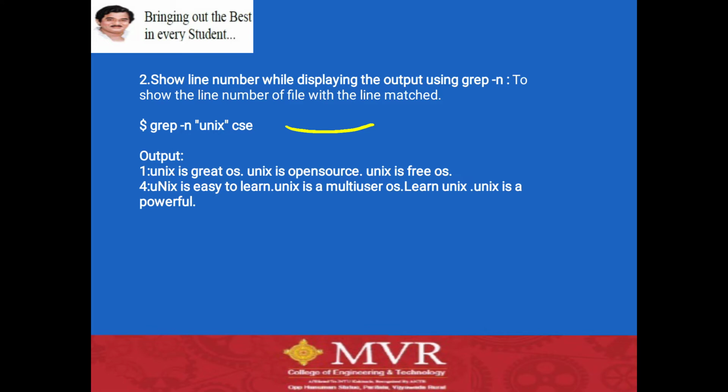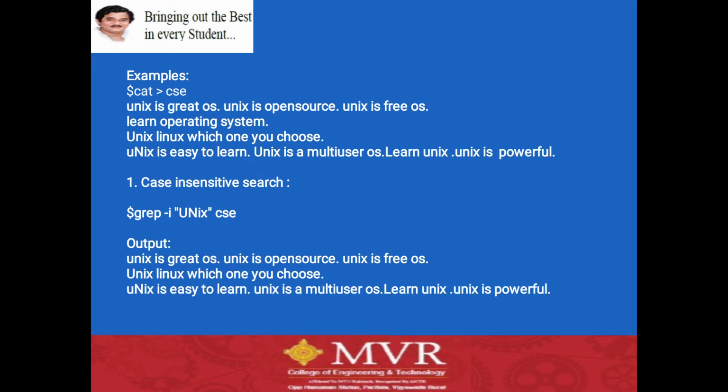But first of all let us match unix in the CSE file. Here unix is given in small letters. So let us check in the example. See, the first line contains unix in small letters. The third line, because the second line doesn't have unix, so ignore that.